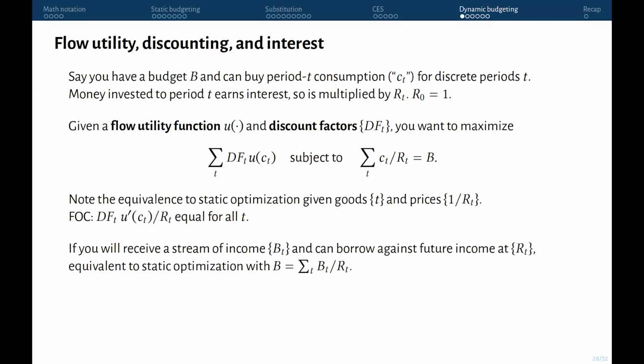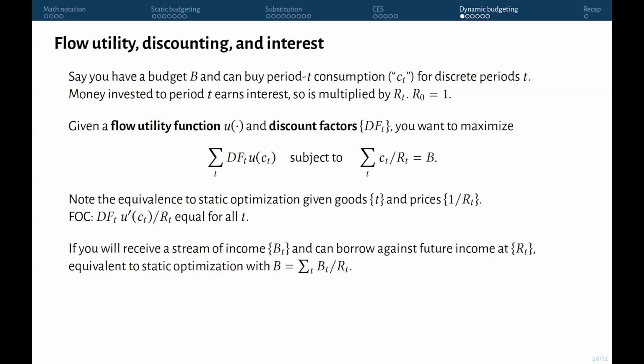So there's nothing really dynamic about this problem at all. It's a static budgeting problem, but where we're thinking about the goods at different times. And if you'll receive a stream of income that you can't all just allocate from the beginning, that can change things, but it doesn't if you can borrow against your future income at that interest rate that you can earn if you're moving money the other direction.